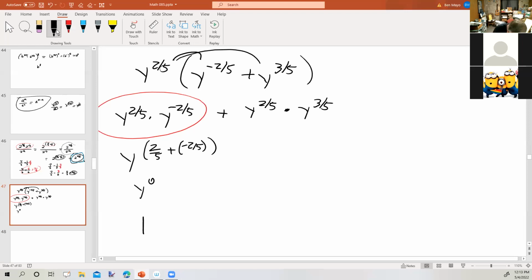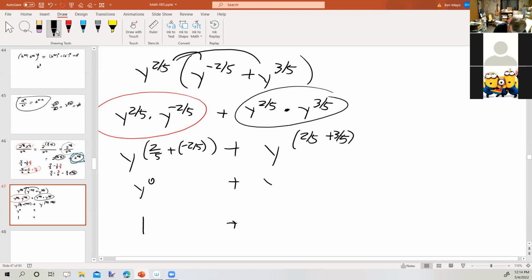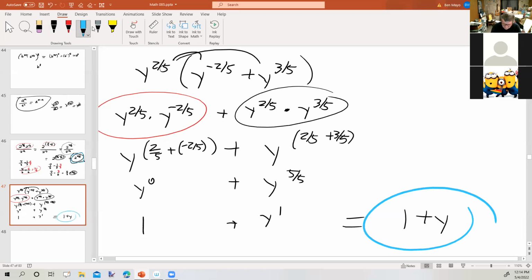Good job. So that's 1. Here, multiplying two powers with the same base, we're going to add the exponents. We're going to get y to the 2/5 plus 3/5, which would be y to the 5/5, which would be y to the 1, or just y. So final answer, 1 plus y.